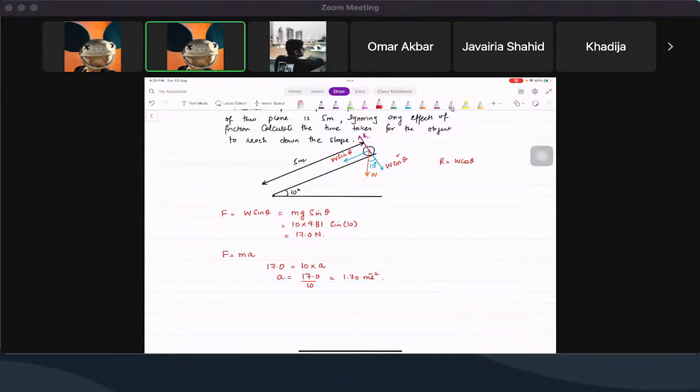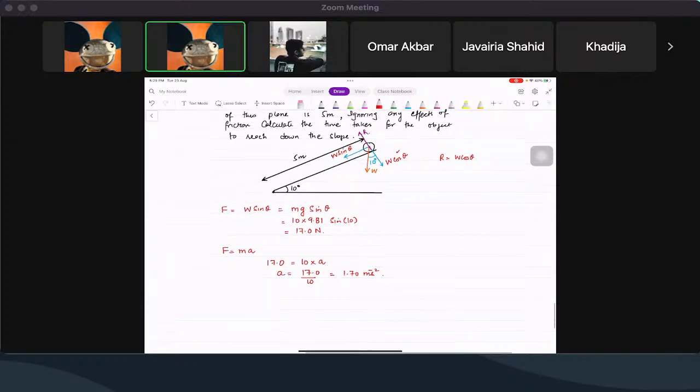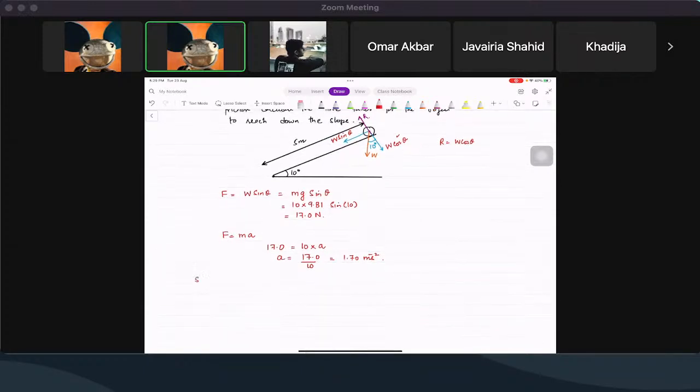Now because we have constant acceleration, we're going to use SUVAT to find the time. The displacement was 5 meters, initial velocity was 0, the final velocity is not known, acceleration is 1.70, and the time is required. Which equation would be best suited to write here? What do you say? S is equal to ut plus half at square. Yes, Javiria, that's correct.